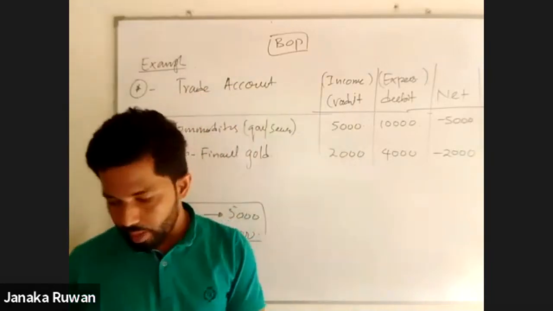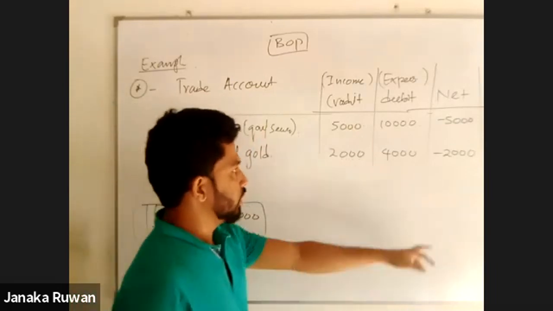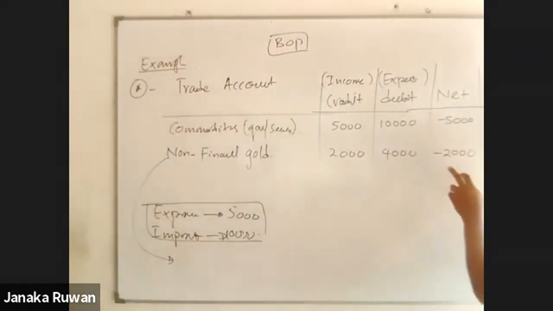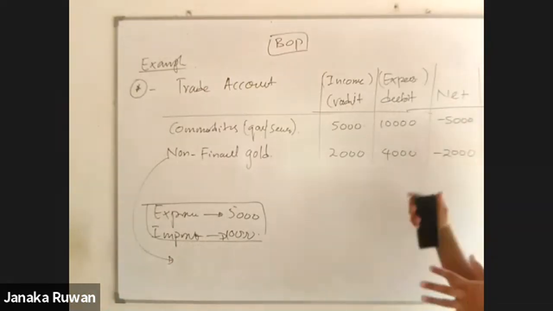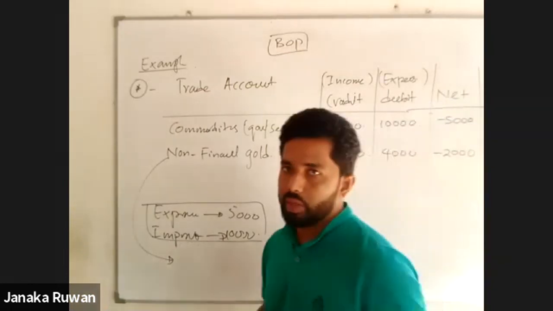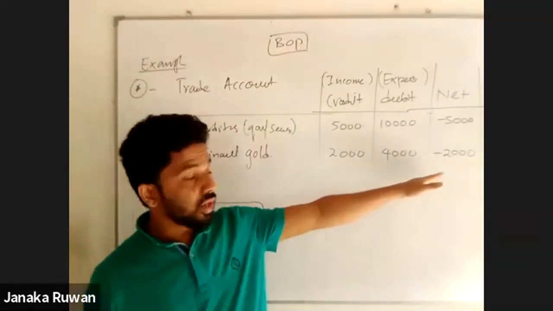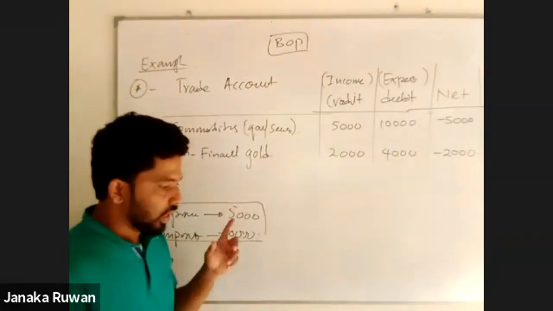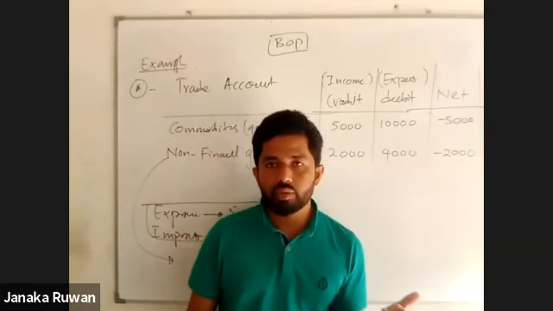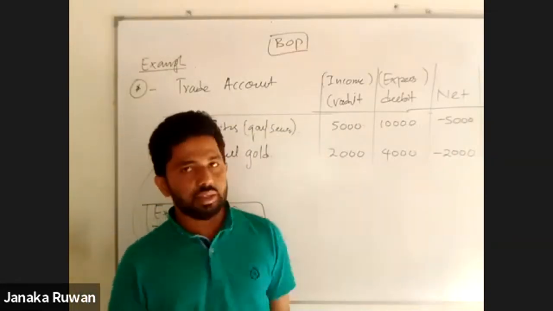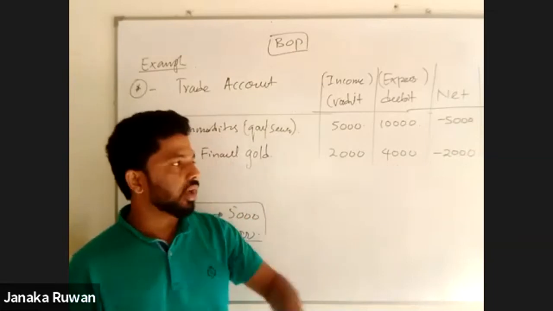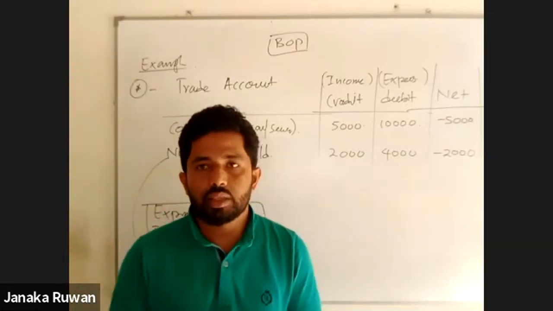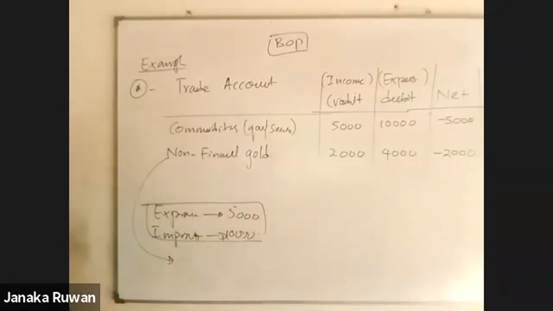What will happen to the balance of the trade account? It will be minus 7,000. It will create a deficit in the balance of payment, because the value is negative. We already discussed that if the overall value is negative, it will be a deficit, and if it is a positive value, it will be a surplus in the balance of payment.